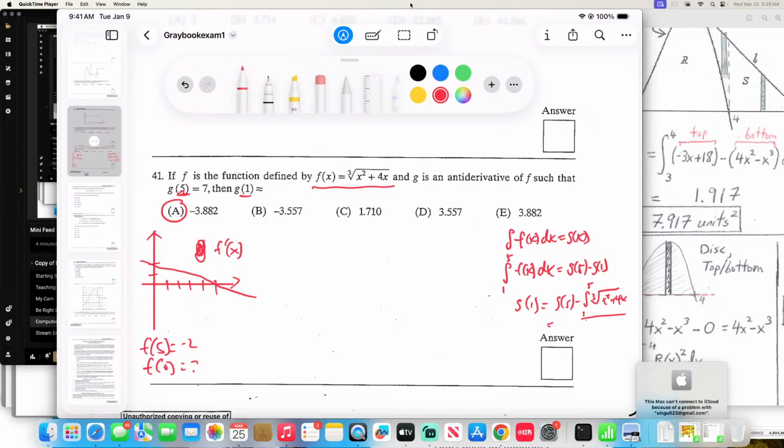Each one of these is 5, so we can count out the 5s first. This is a 5, this is probably a 5, and this is probably a 5. That's equal to 10 plus whatever. 1, 2, 3, 4, 5, 6, 7, 8, 9, 10, 11, 12, 13, 14, 15, 16, 17, 18.